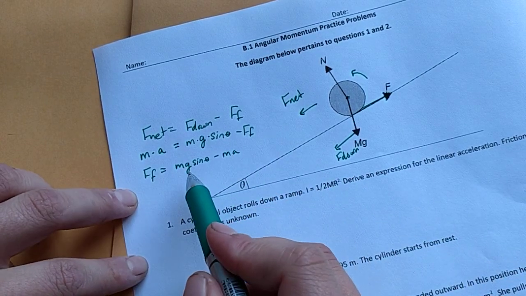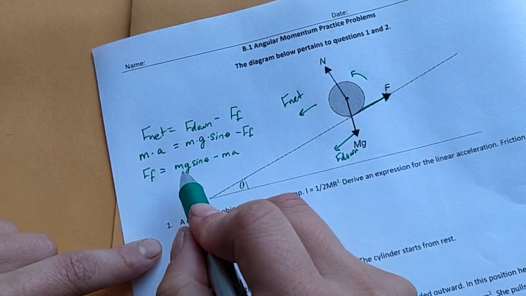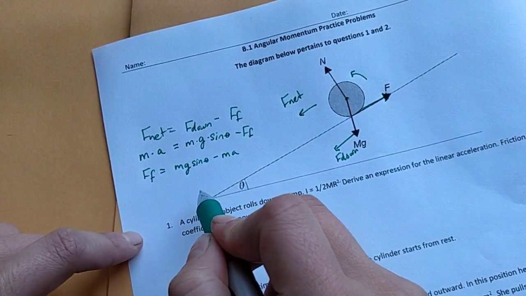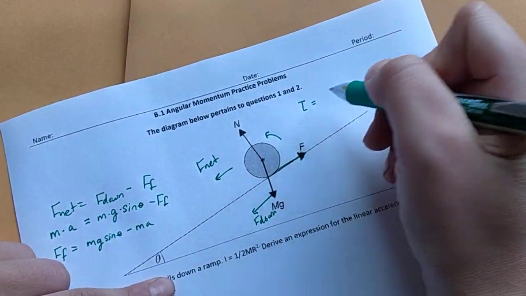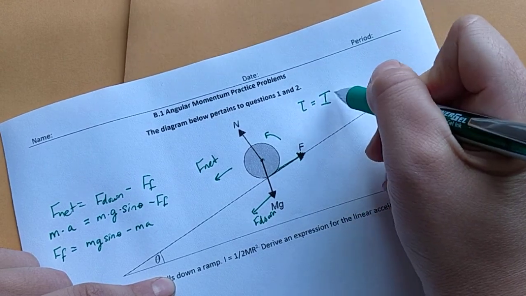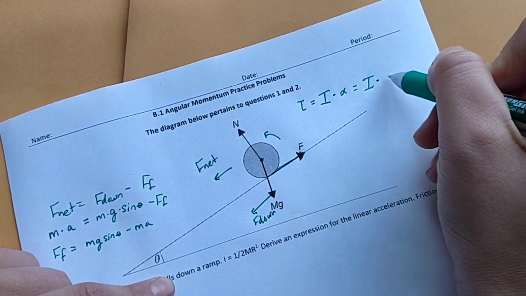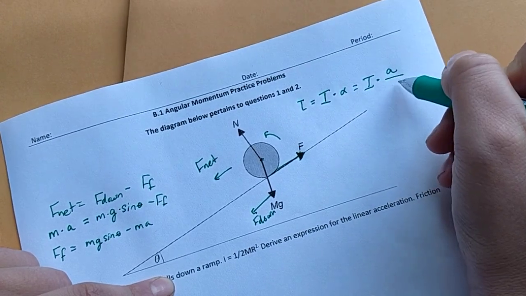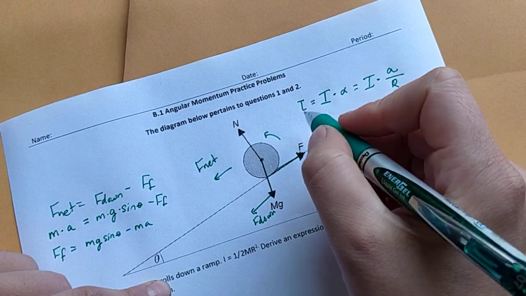Okay, so I have this value for the force of friction, and I need to relate it to torque. Remember, torque has two expressions. Always when we're dealing with rolling motion without slipping, we're going to use these. One is I times alpha, which also becomes I times the linear acceleration over the radius, the distance from the axis of rotation of the rolling object.